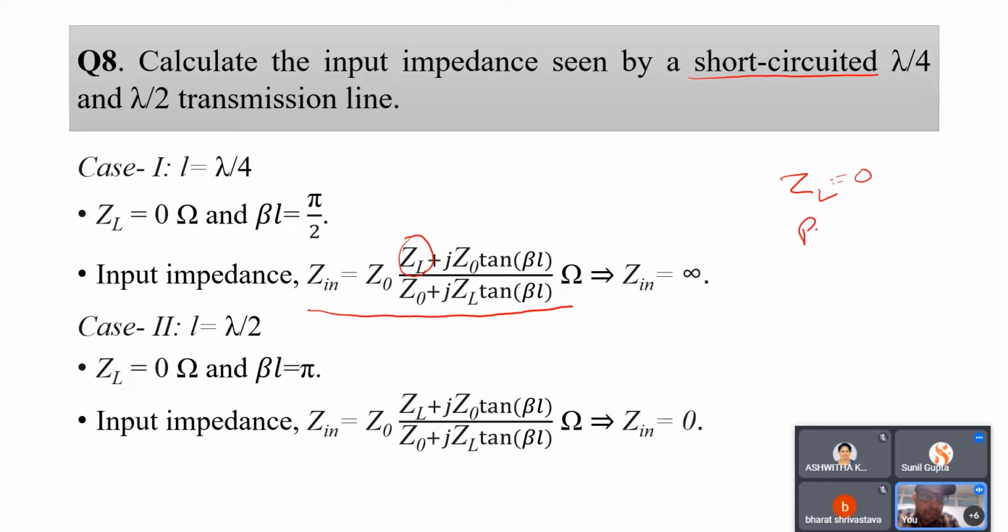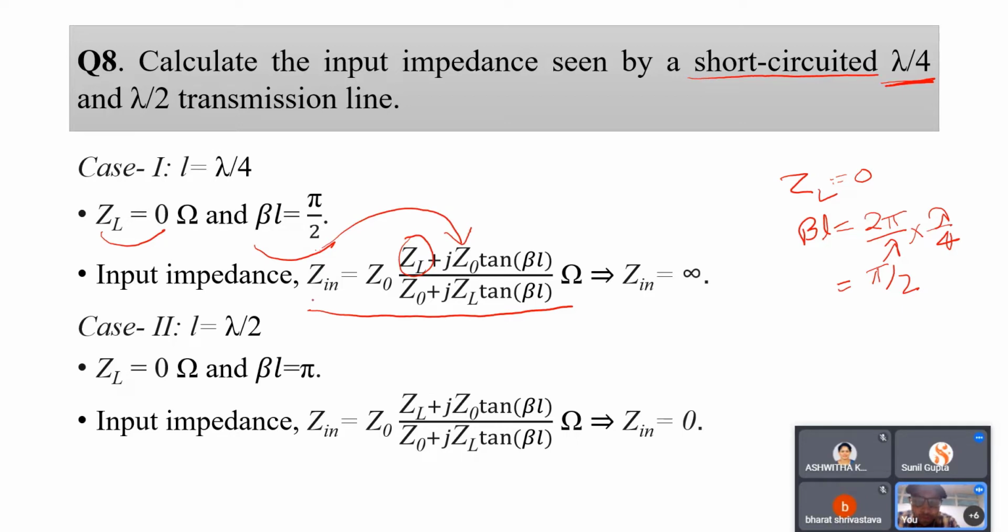Now beta L can be calculated as 2 pi by lambda into lambda by 4. For this length of line we can calculate the value of beta L equals pi by 2. Once you calculate the value of beta L and ZL equals 0, you just put these values in this equation.